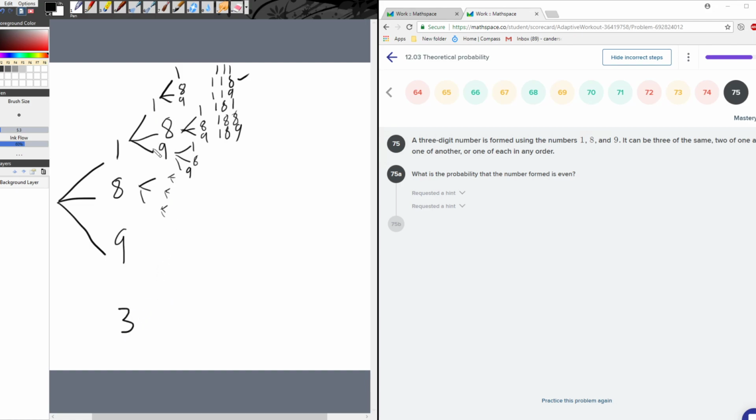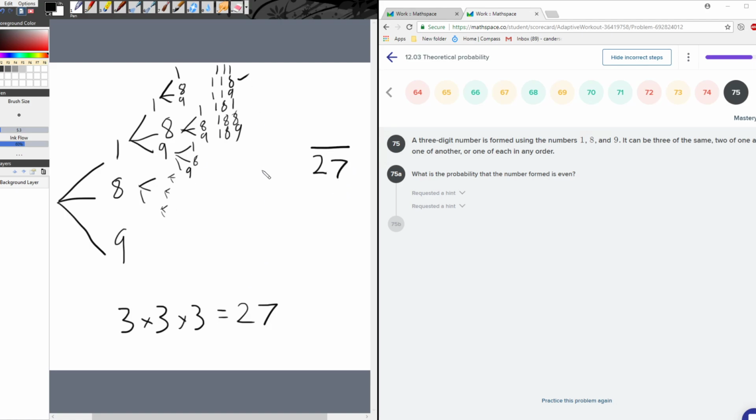The second time we had a choice of 3 different numbers. And the third choice we had a choice of 3 different numbers. So if we times all them together, we get 27. So 3 things times 3 things times 3 things, and we get 27. So the probability of getting a number that's even will be out of 27.